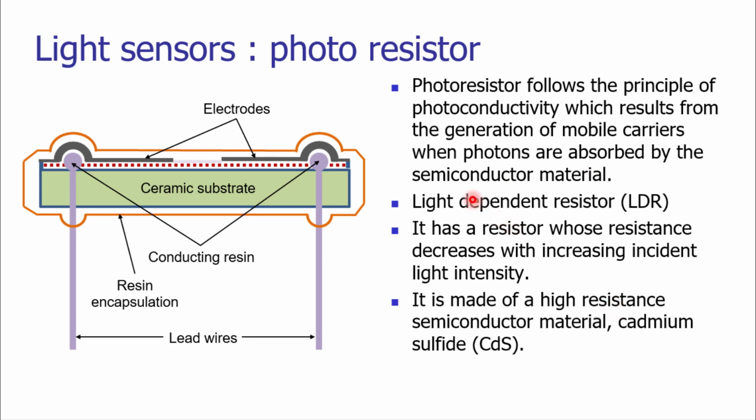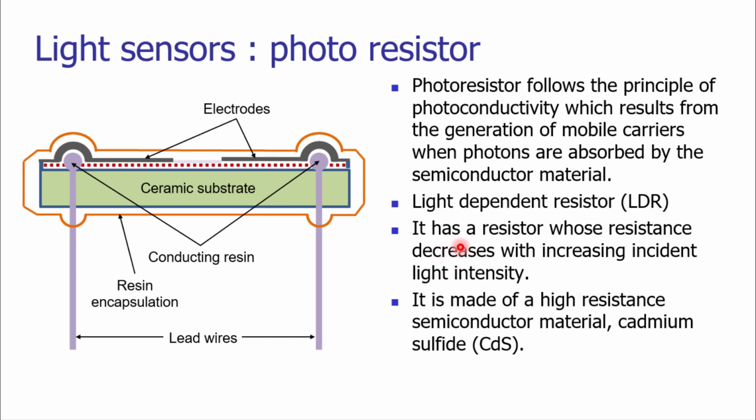When light energy is incident on semiconductor materials, these materials absorb the photons, and due to the absorption of the photons, there is a generation of mobile carriers. In this way, these mobile carriers generate a signal that can be utilized to measure, to sense the light. The photoresistors are also called light dependent resistors, LDRs.